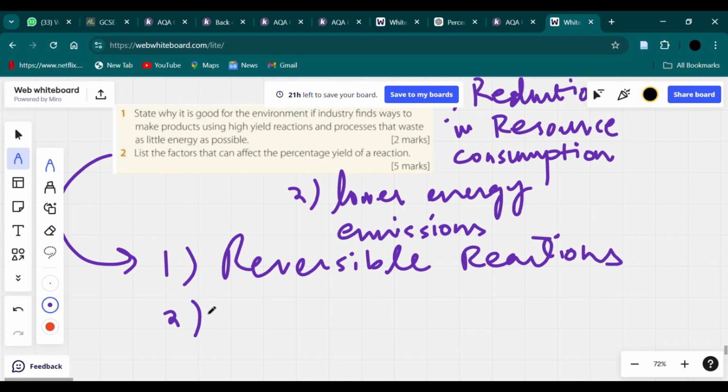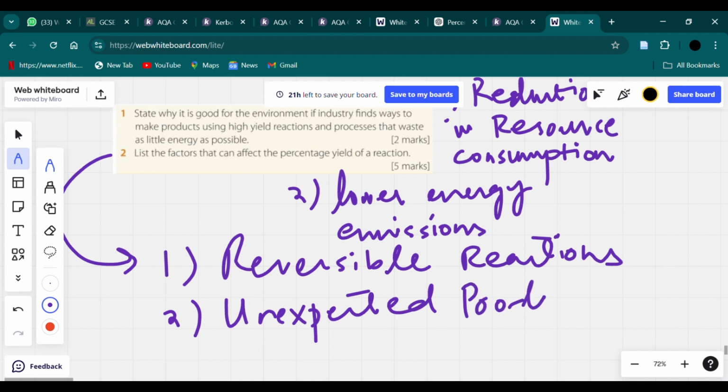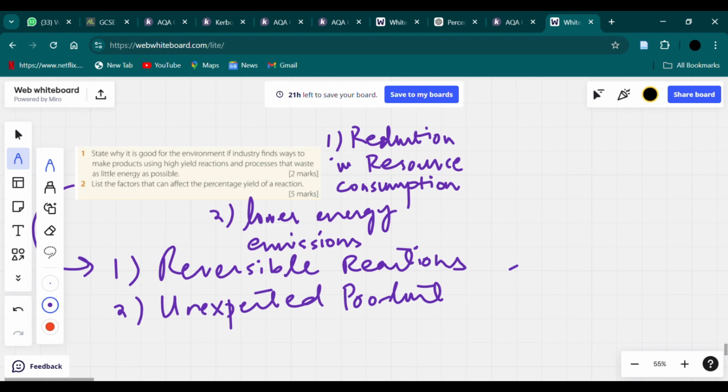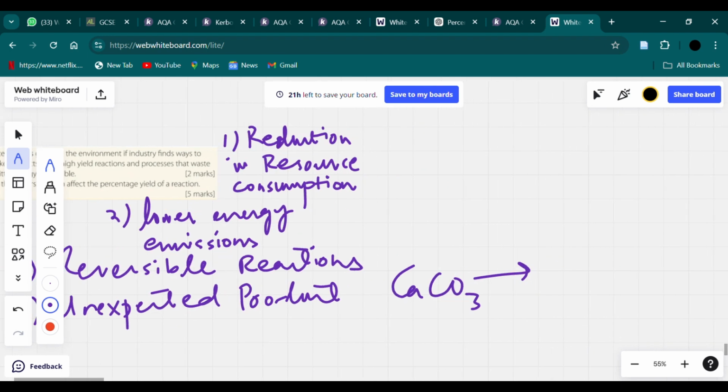Another factor is unexpected products. For example, we take the example of calcium carbonate. When we decompose the calcium carbonate, the desired product that we wanted is calcium oxide, but along with it carbon dioxide is produced.